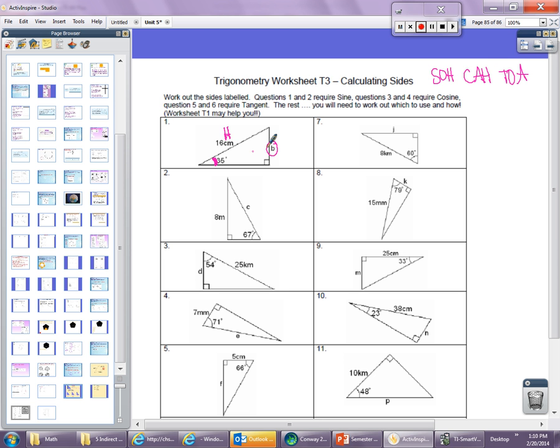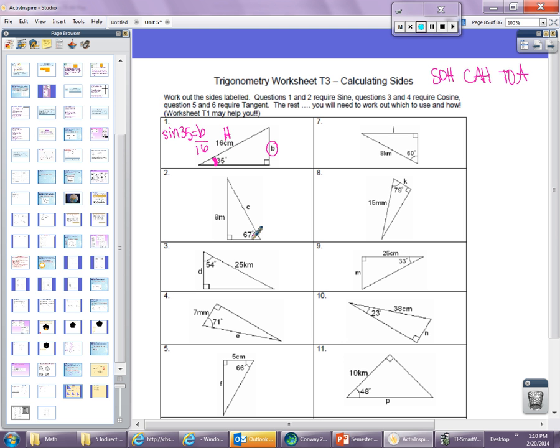I have the hypotenuse and I'm looking for O, so I'm going to use sine. What I'd like you to write on your paper: sine of 35 equals opposite, which is B, over hypotenuse, which is 16. And that's it. That's all I want you to write.